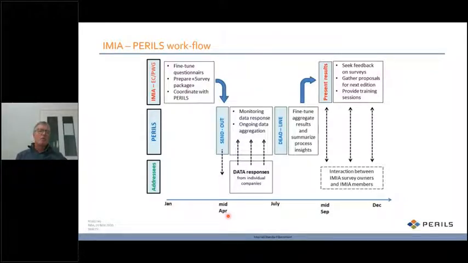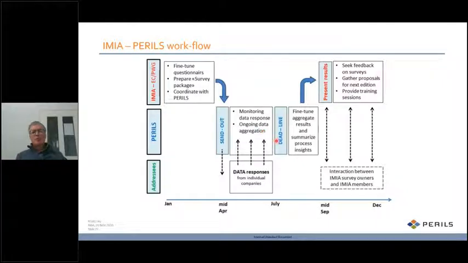So we will be monitoring at Perils the data responses and start an ongoing aggregation of the data, giving now and then some feedback to IMIA on the progress of the backflow of data responses.